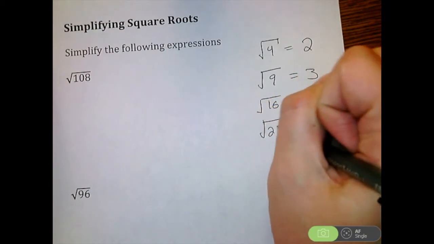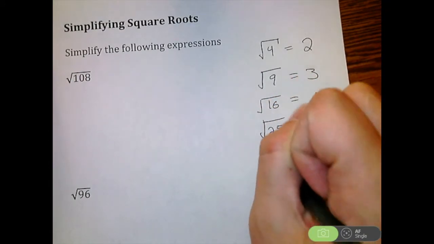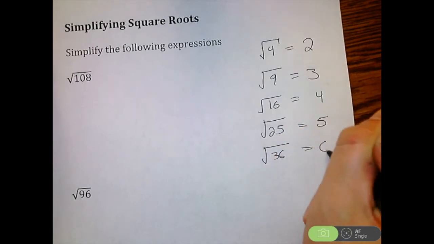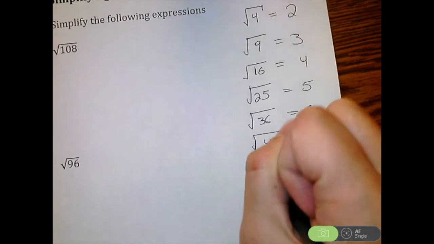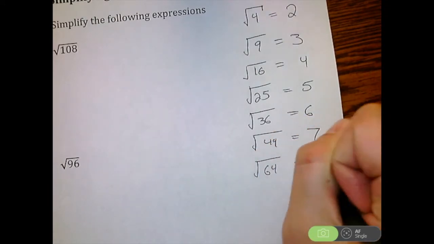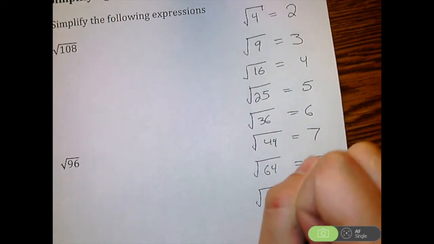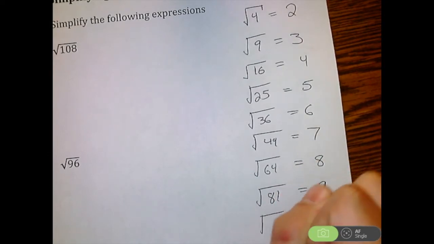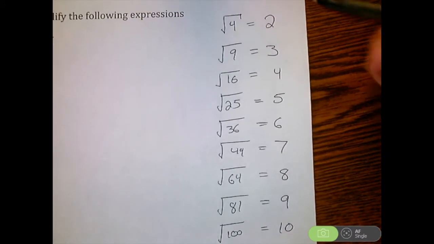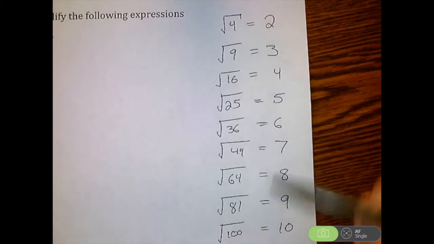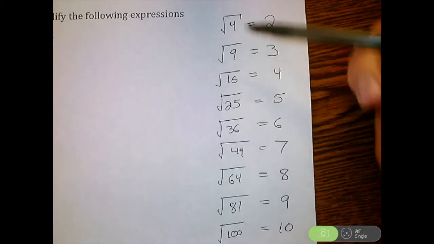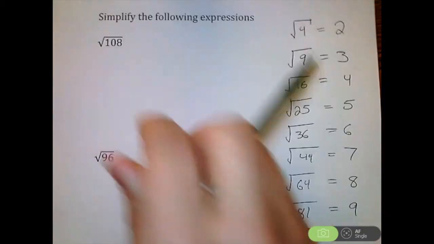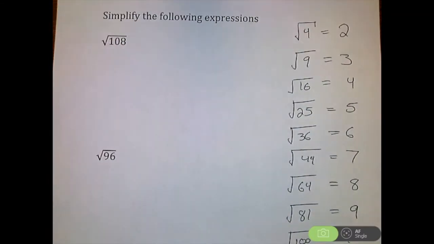Next would be the square root of 25 is 5. Square root of 36 is 6. Then we would have 49. After 49, we would have 64. Then 81. Then 100. So what I have here is a list of numbers we can take the square root of. Any of these numbers, the square root of 49 is 7, and so on and so forth. We're going to use this list to simplify this square root.